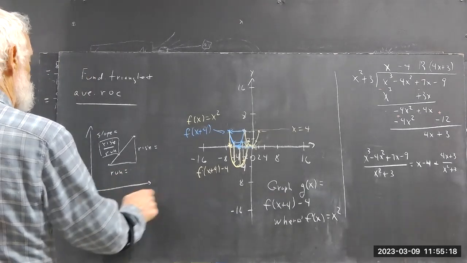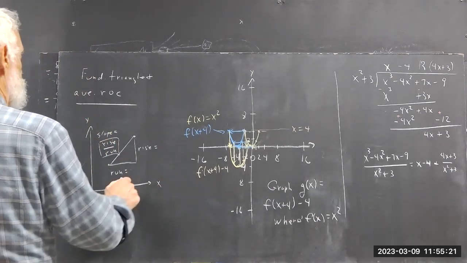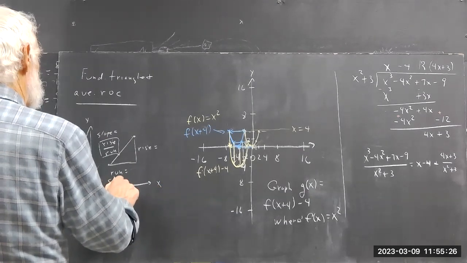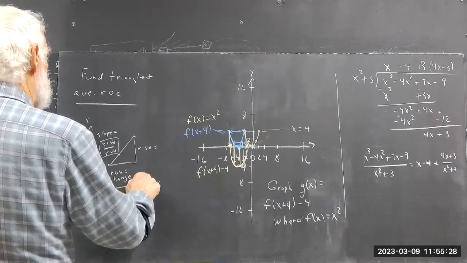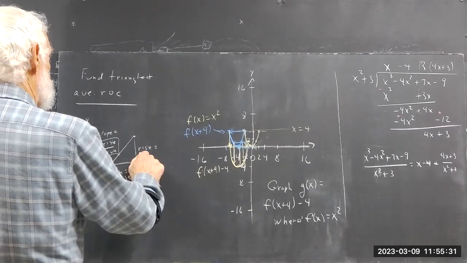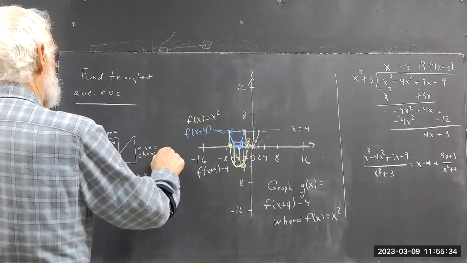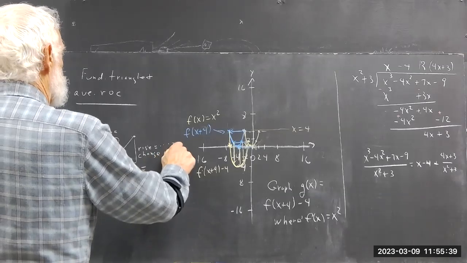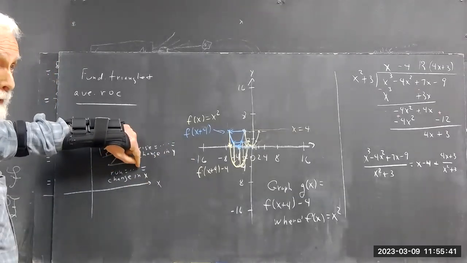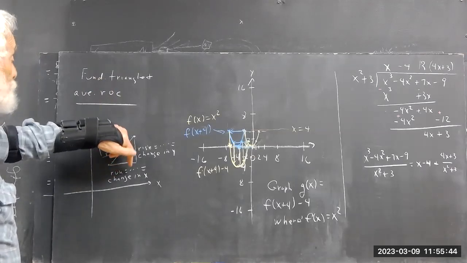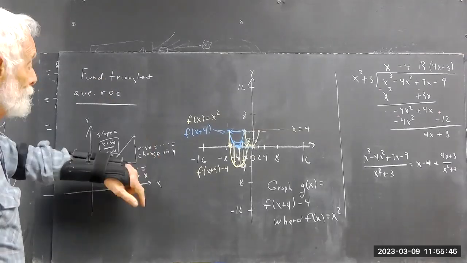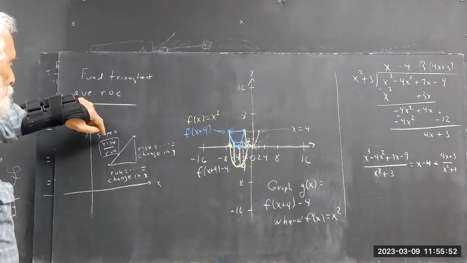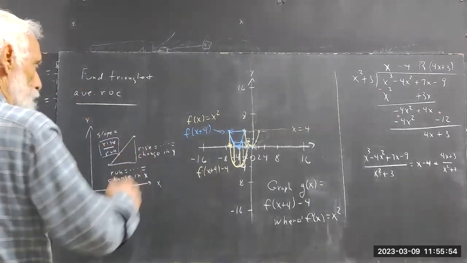What does the run represent? This is X and this is Y. Run is the change in X. So your rise is some calculation, and when you do this, you do like 7 minus 2 equals 5. Show the whole calculation as we've done, and then slope is rise over run and whatever that is.